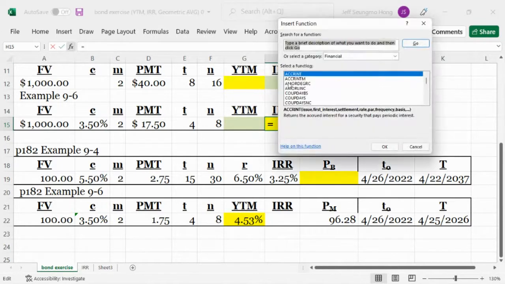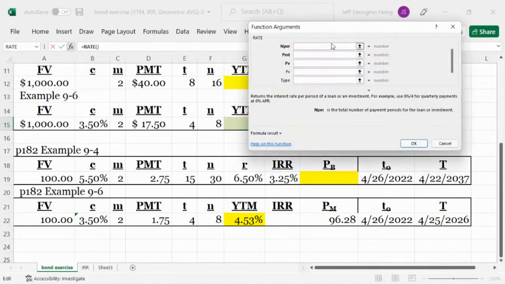We go to Excel's built-in function and rate. We look for rate. Hit OK. Give it what it's asking for.